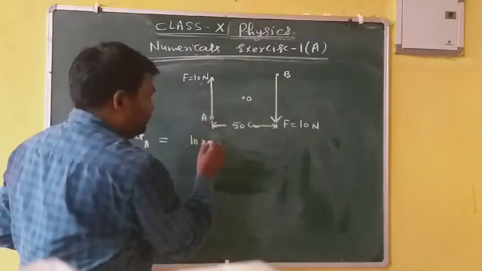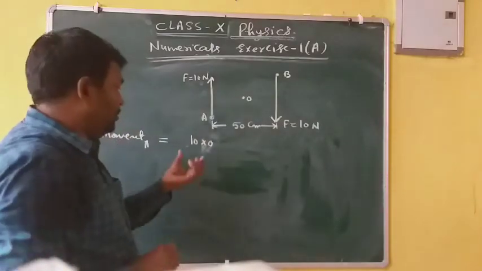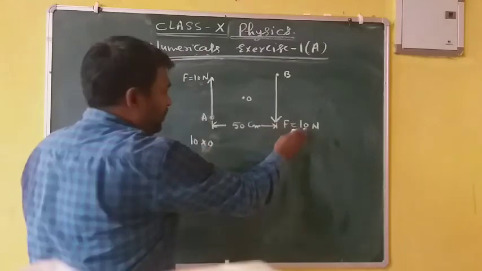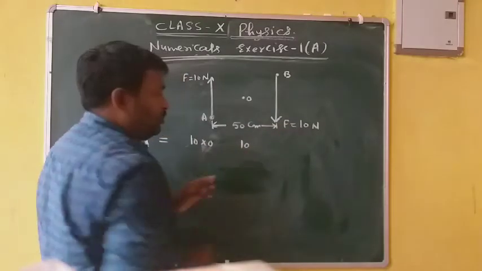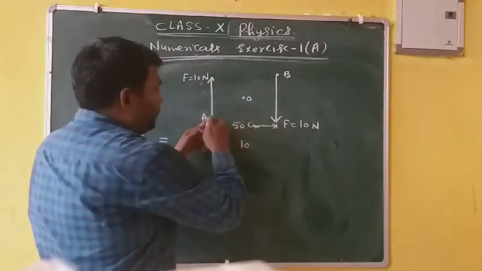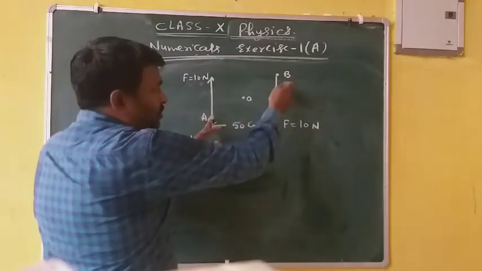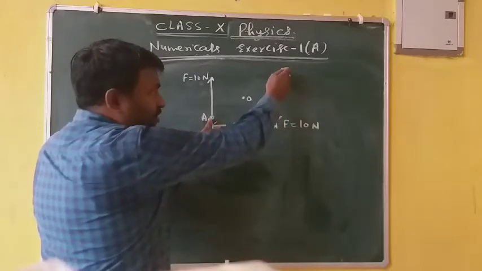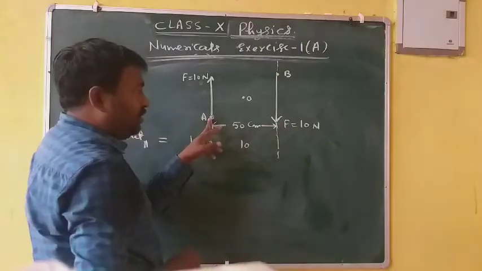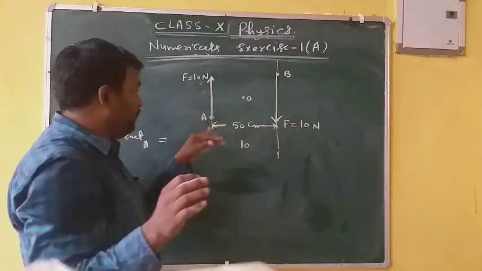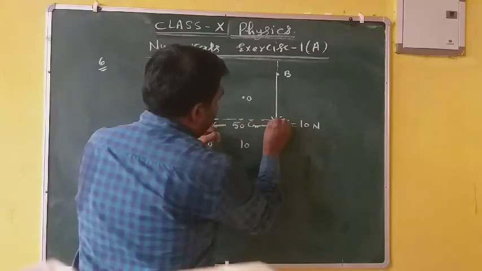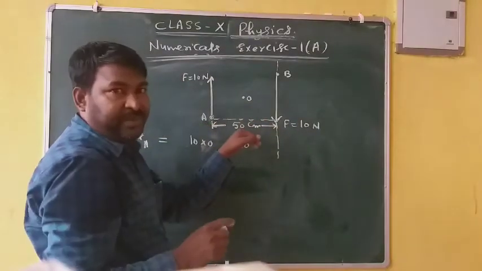So into 0, it will become 0. Now for this other 10 Newton force, we need the perpendicular distance from this point A to the force acting on B. So what is the line of action? The line of action of this force is this one. Draw a perpendicular from A to this line of action, and this is your 50 centimeter or 0.5 meter.